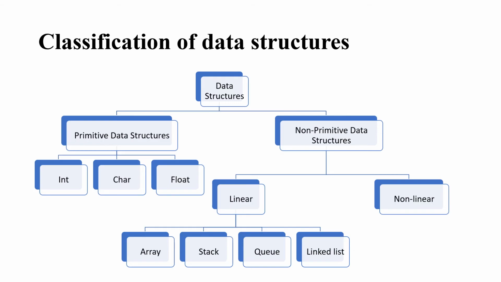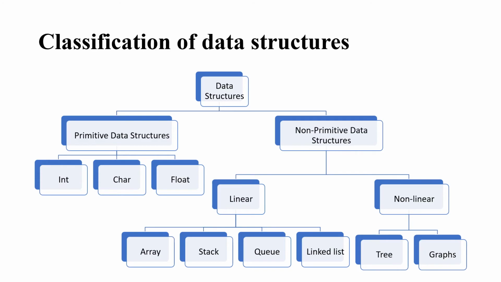Non-linear means a hierarchical organization of data. Sometimes we cannot store information in a linear manner. At that time we use the tree data structure, where we organize data in a hierarchical manner. And the next one is the graph data structure.